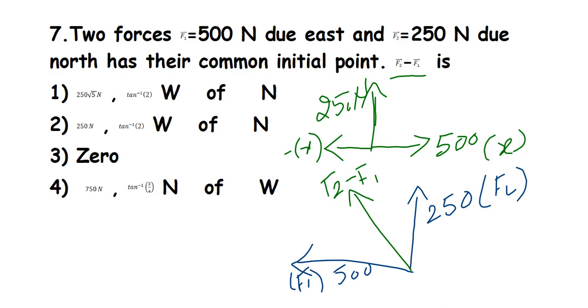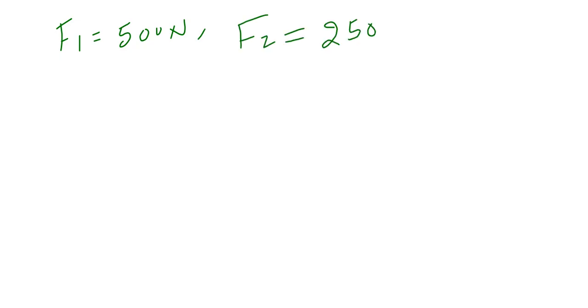So if we calculate its magnitude, F1 is 500 newtons, F2 is 250 newtons. Here F2 bar minus F1 bar.